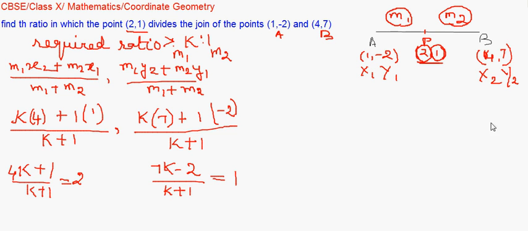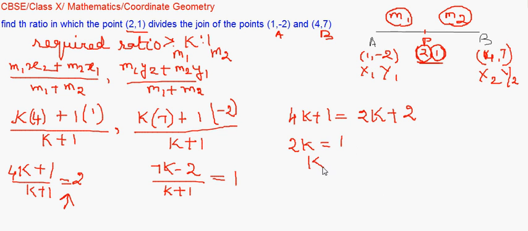Let us quickly solve it and find k. From the first equation, 4k plus 1 is equal to 2k plus 2. If you solve it, 2k is brought to the left, giving 2k, and 1 moved to the right is giving 1. So k is calculated to be 1 by 2.